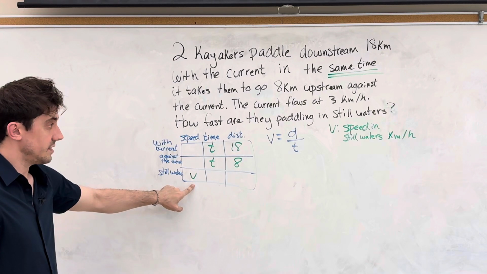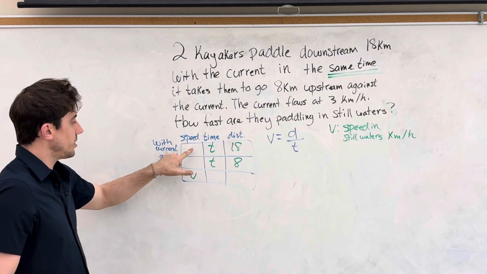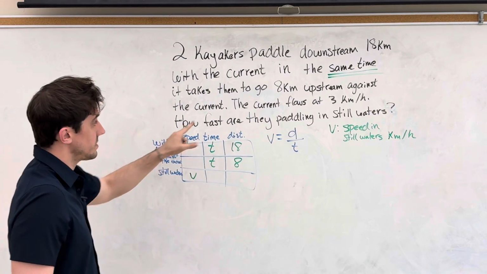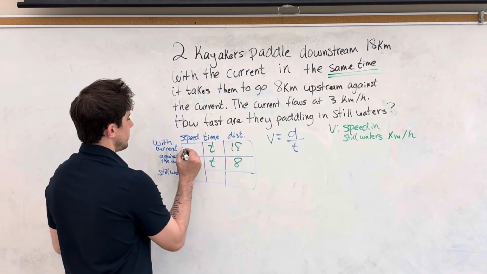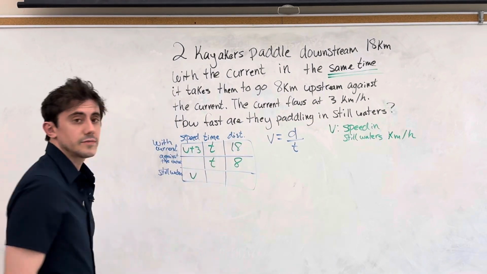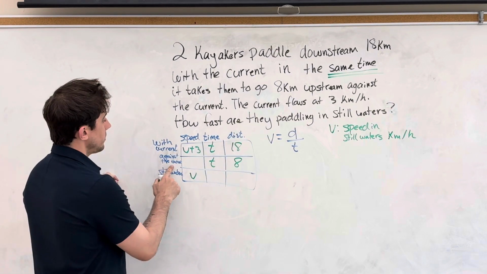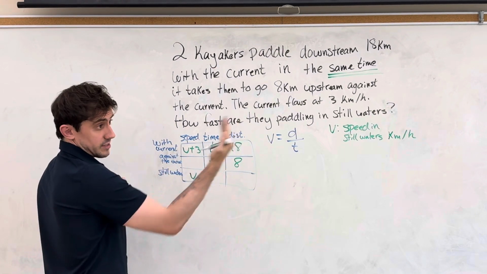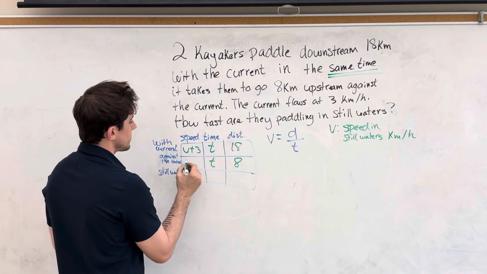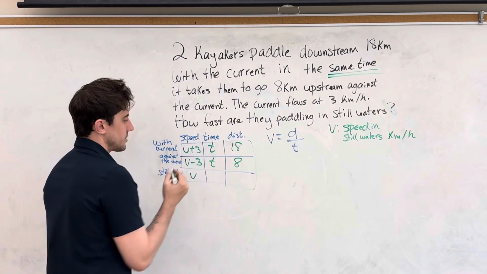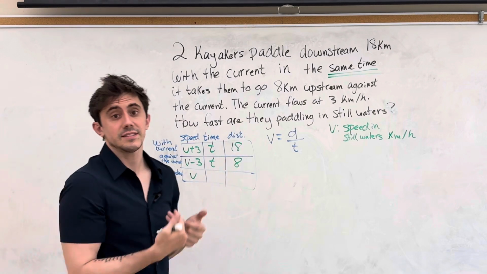If v is defined in this way, then the speed that they'll be paddling when the current is pushing them along at an additional 3 kilometers an hour is going to be v plus 3. And their speed against the current, when the current is pushing back against them and making it harder for them to move forward, is going to be reduced by 3 kilometers an hour, so v minus 3, because the current is acting against them.